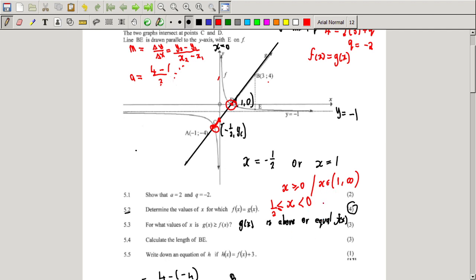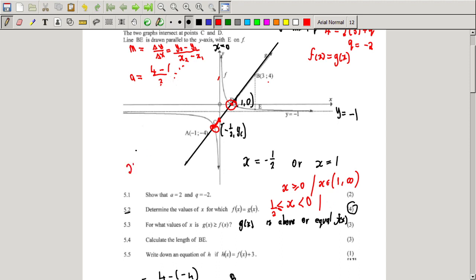And in interval notation, it's going to be x is an element. This is very important to mention, so let me write it here.